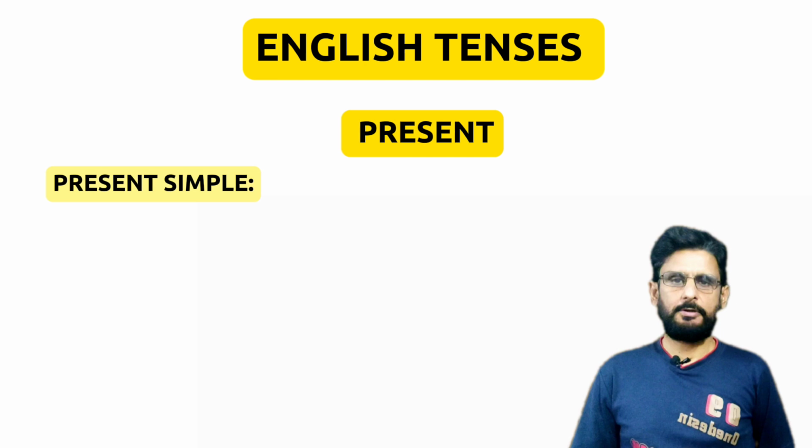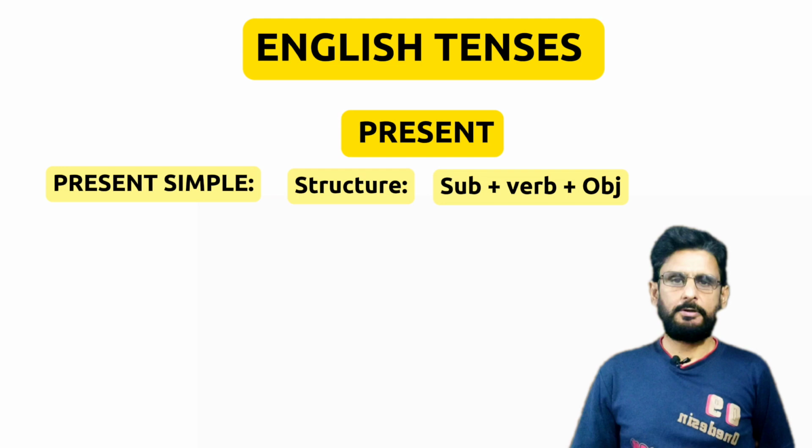First of all, we are going to talk about the structure of present simple tense. Present simple tense has this structure: subject, verb, object. So this is the basic structure of present simple tense. We have a subject in it, then we have the verb, which is mostly the first form of the verb or base form of the verb, and sometimes we use s or es with it when the subject requires in present simple tense.